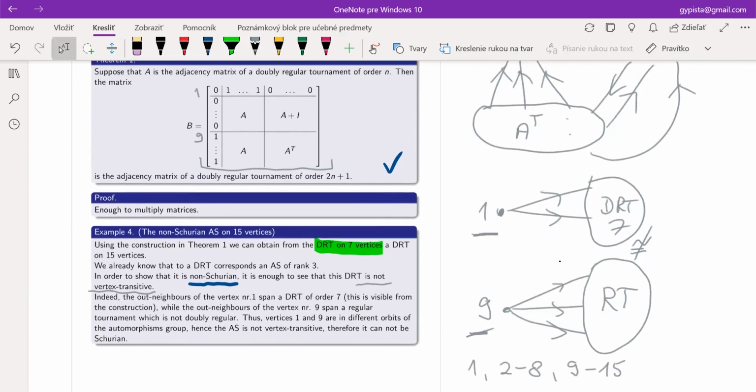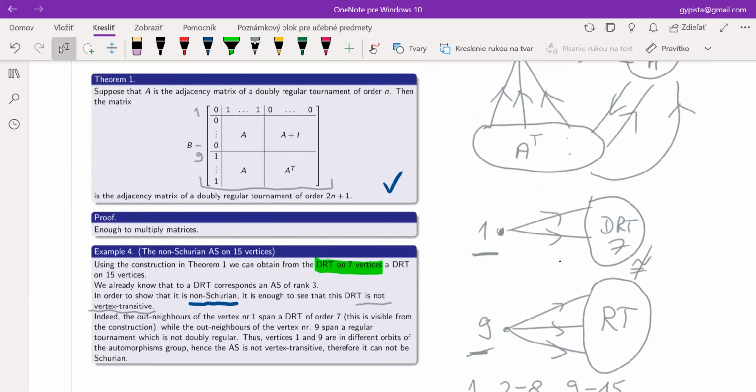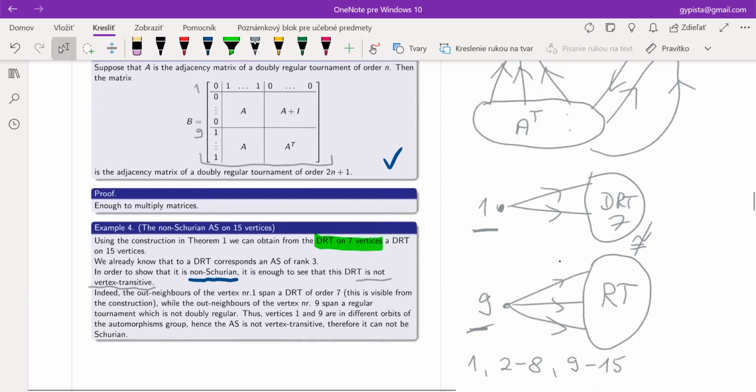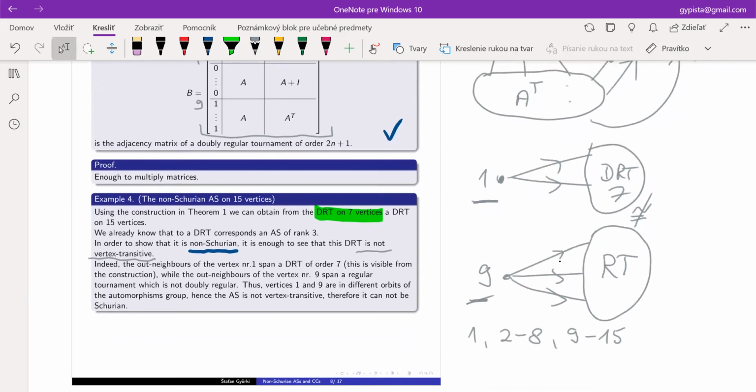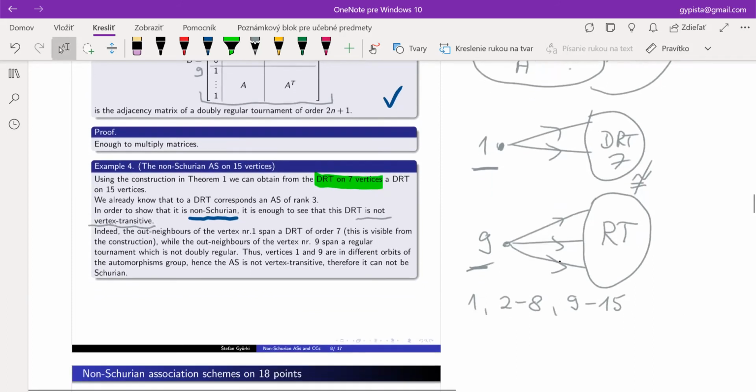So from this, one can see that really the resulting association scheme is not vertex transitive, therefore it cannot be Schurian. I hope it is enough to say this, because otherwise we had to go to quite messy pictures. So this is how the smallest non-Schurian association scheme looks like.